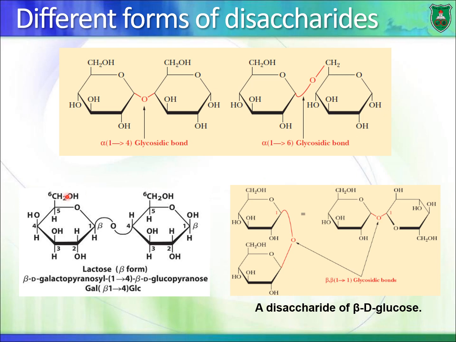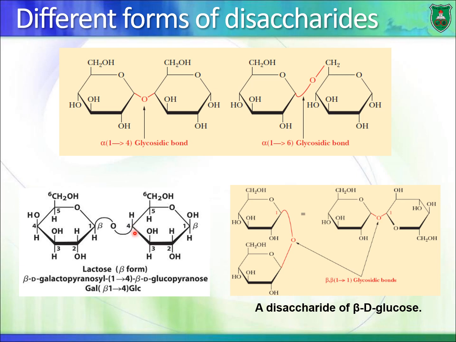Okay, now let's look at lactose. Let's look at this form of lactose. Is this a glucose or a galactose molecule? Here we go, carbon number 4. It's going upward, so it is galactose, a galactopyranose. This one right here is a glucose molecule because the hydroxyl group on carbon number 4 is going downward.